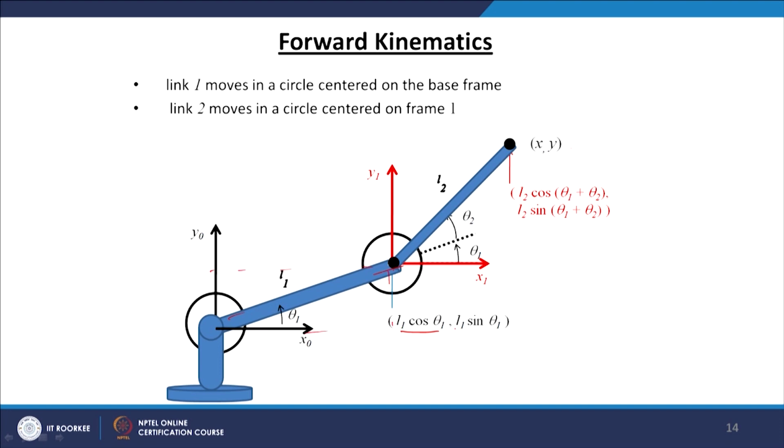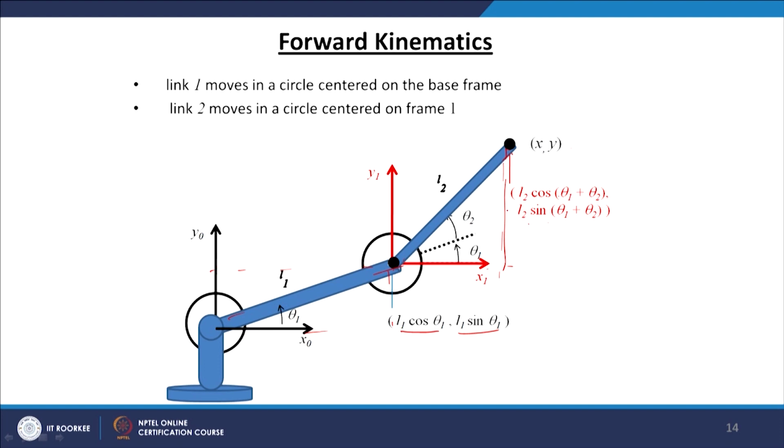With respect to the x1 y1 frame, the end effector x coordinate is L2 cos of theta 1 plus theta 2, and the height is L2 sin of theta 1 plus theta 2.